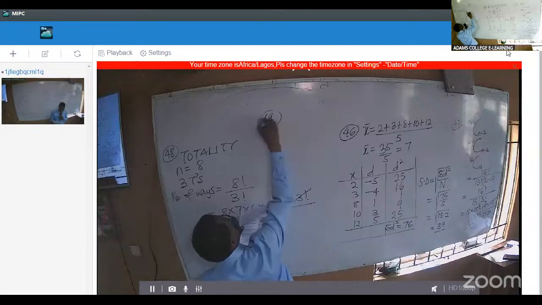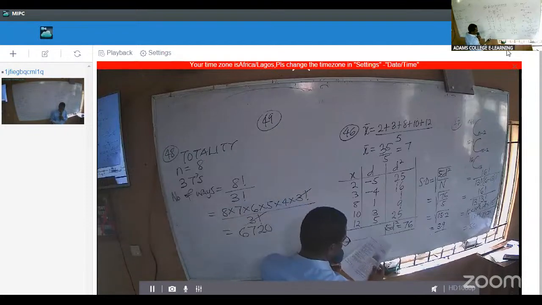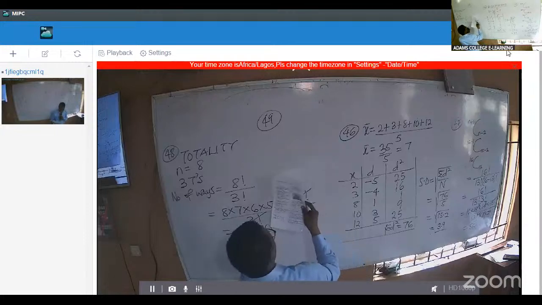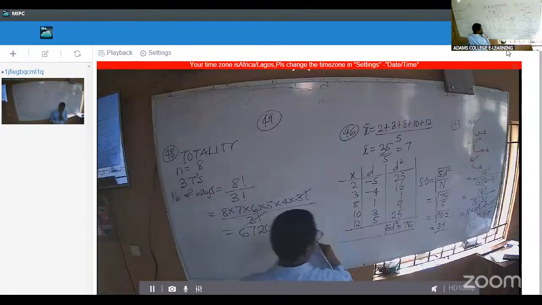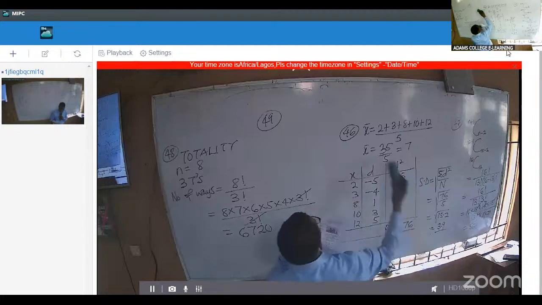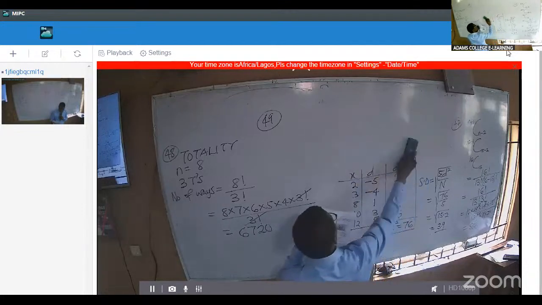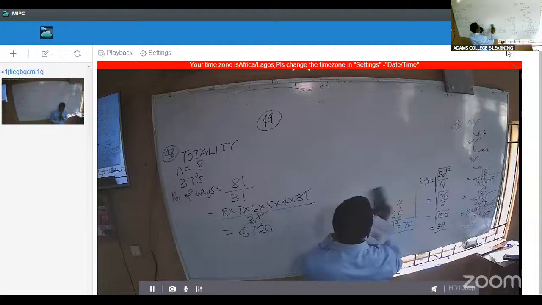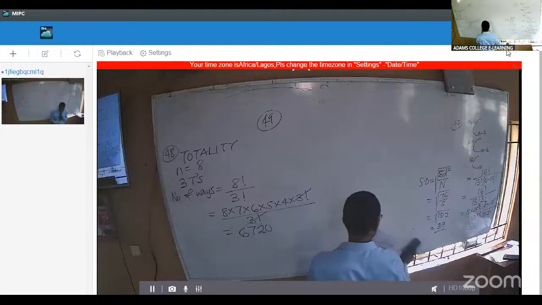Number 49. I've done this in class though. The probability that a student passes a physics test is 2 over 3. If we take 3 physics tests, what is the probability that he passes 2 of the tests? He passed 2 of the tests means he passed the first, passed the second, but failed the third. They are the same physics tests, so don't go and start permutating.